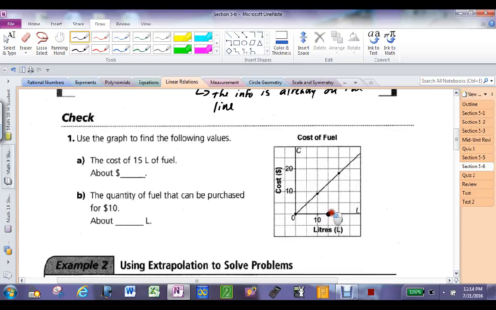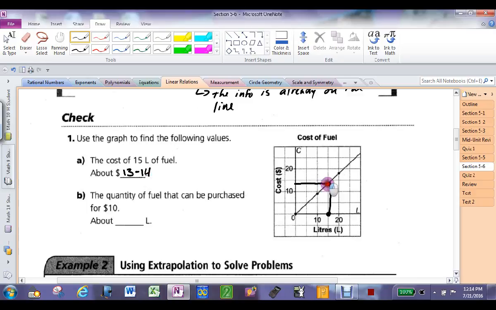Do I know how much the cost is yet? Not until I go up to the line. And then, does that give me a cost? Yes, when I go across and I see where it is on the scale. How much is it? Probably around $13, because this would be 15. I would say 13 to 14 bucks. Got it?